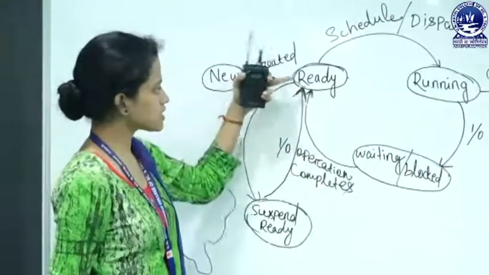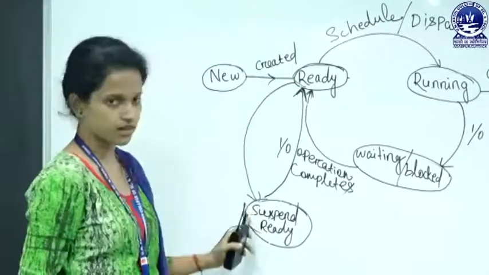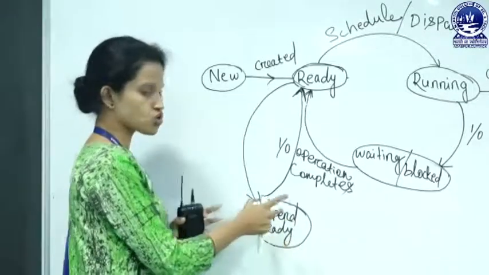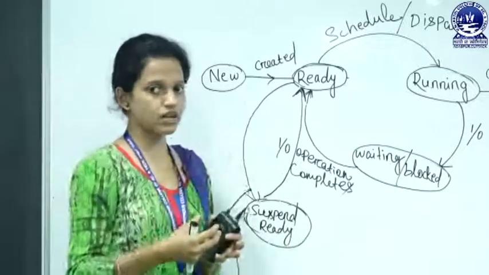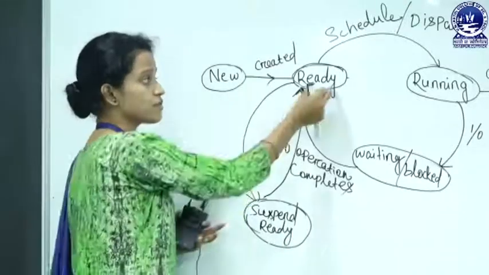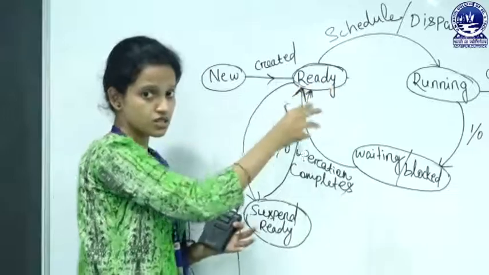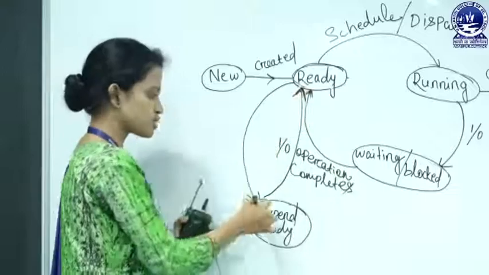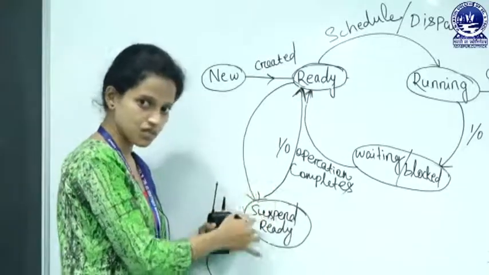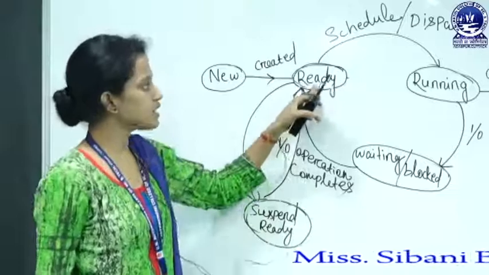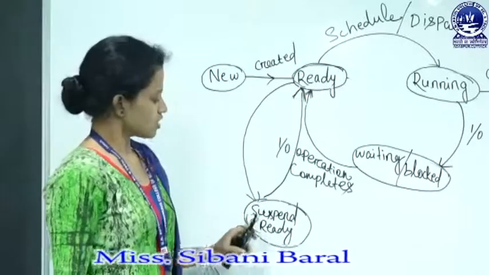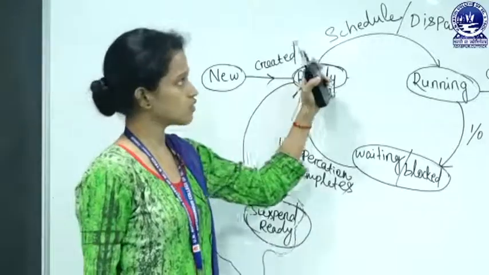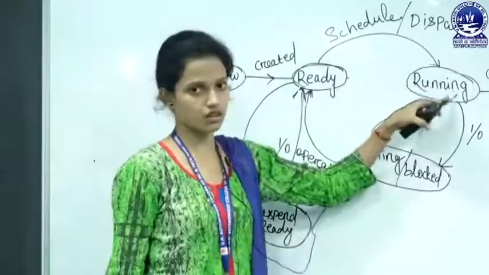So, here the suspend ready state is used to store lower priority processes when the main memory is exhausted or full. After some time, when the ready state is clear, the process in suspend ready resumes to the ready state and is scheduled to the running state.